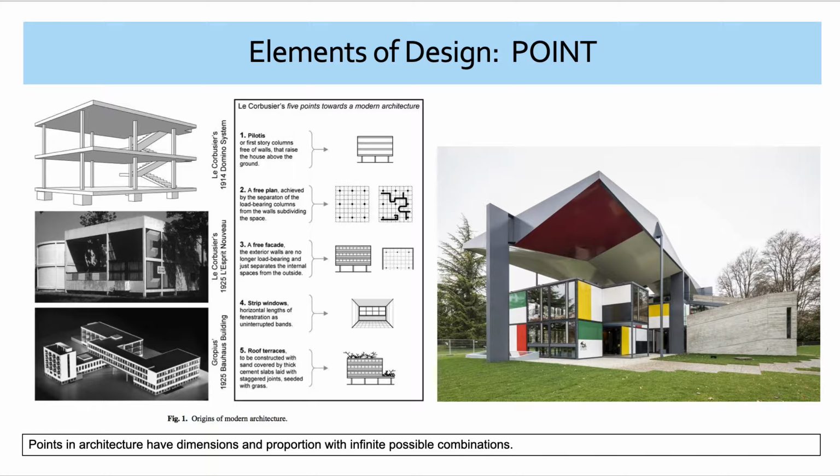Points in architecture have dimensions in proportion with infinite possible combinations. Here in the middle, you see it's talking about Le Corbusier's 5 points toward a modern architecture. He talks about the layout of points in plan, in perspective, and in range to the facade of a building.